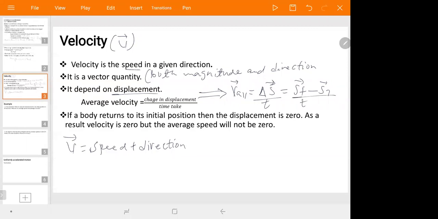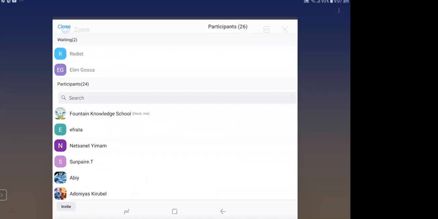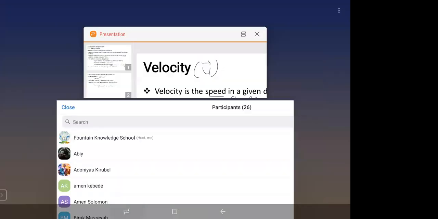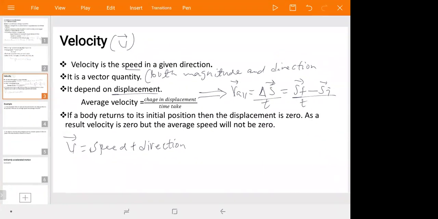Distance is the path followed, so it depends on the path followed, but displacement does not depend on the path followed. Therefore, change in displacement means final minus initial. So speed plus direction gives you what? Velocity.